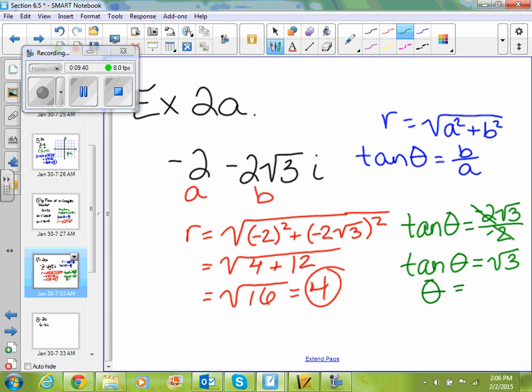Okay, and so where is tangent equal to square root of 3 on your unit circle? The pi/3 is usually down here.